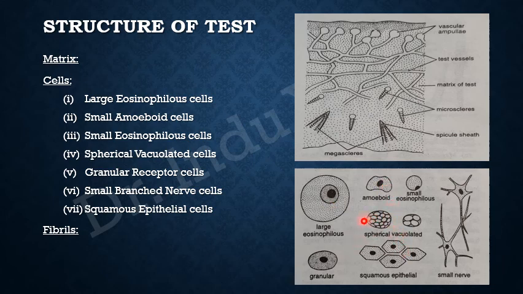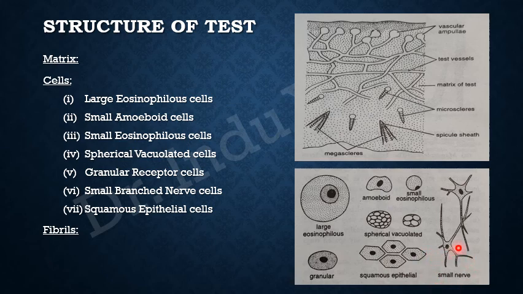Then come the spherical vacuolated cells. These cells have a large number of vacuoles attached to each other, and their nucleus is not seen because it is hidden by these vacuoles. Then the granular receptor cells. They are oblong in structure and have a big well-defined nucleus, and they are sensory in function.